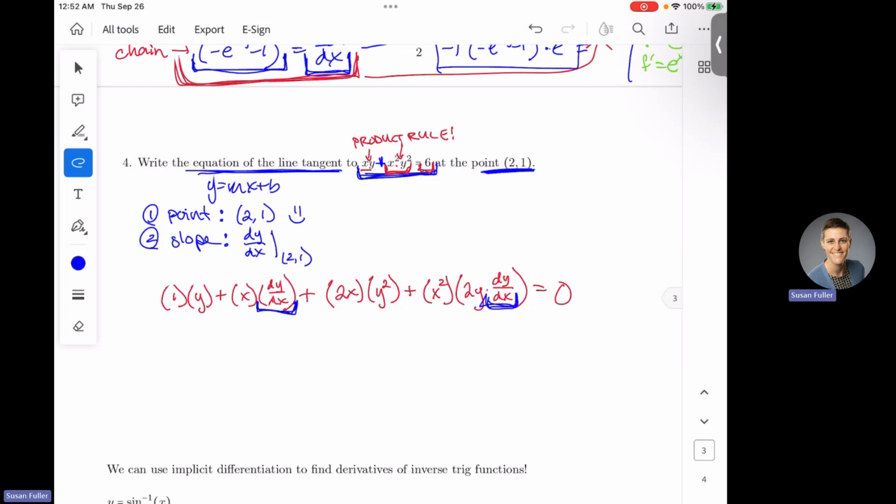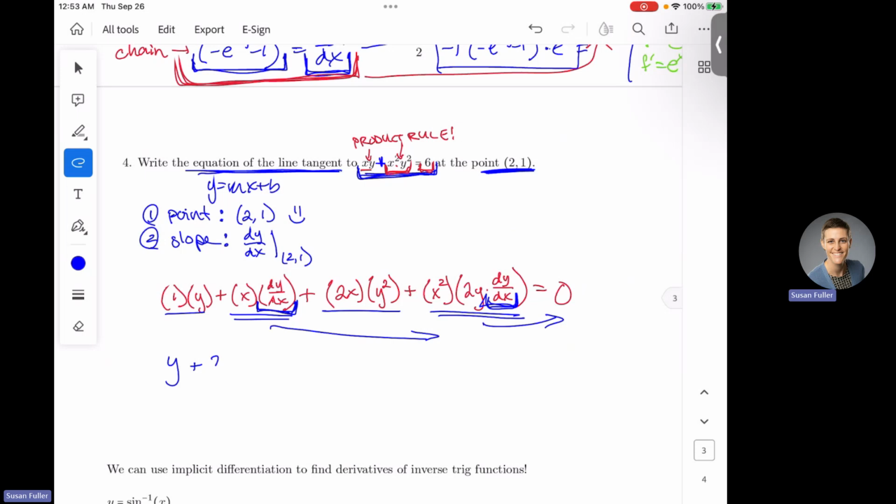So here's our dy/dx's. I have a dy/dx in this term and this one. So I need to put everything with a dy/dx in it on the other side. So I'm going to move this one over and I'm going to move that one over by subtracting them. So I'm going to have this left over here, which is a y, and I'm going to have this left over here.